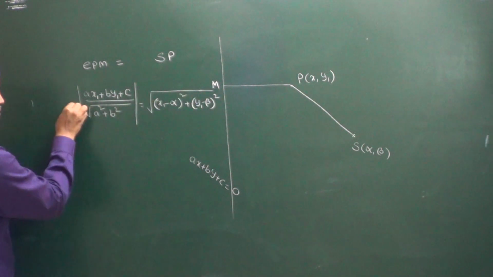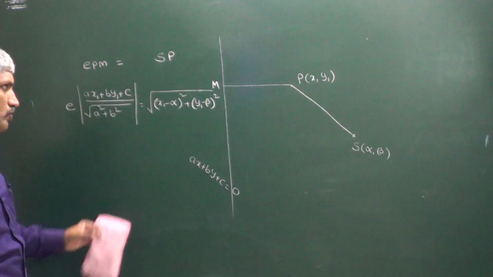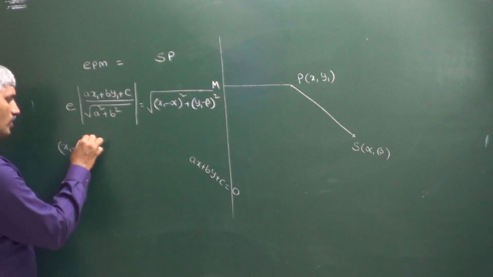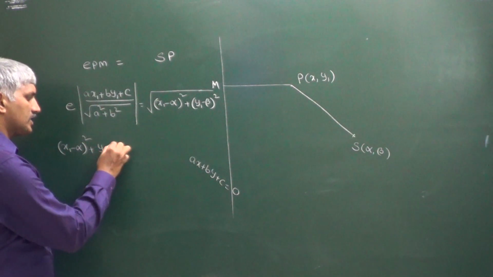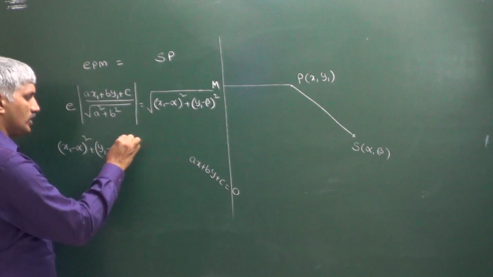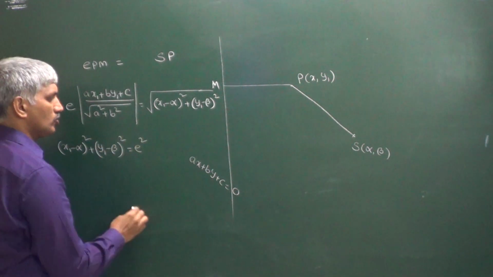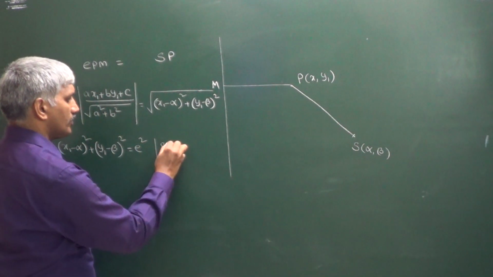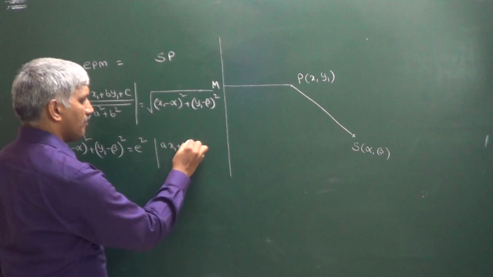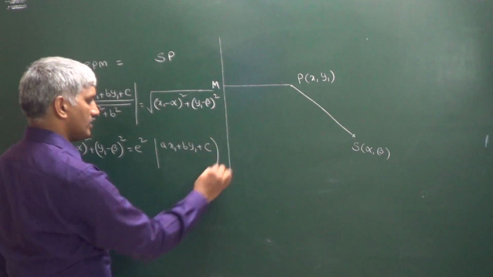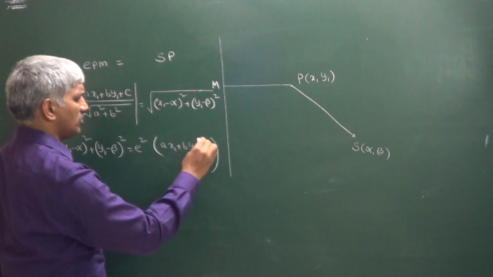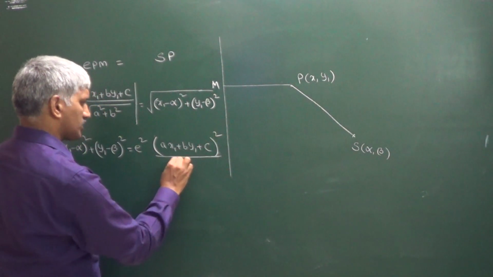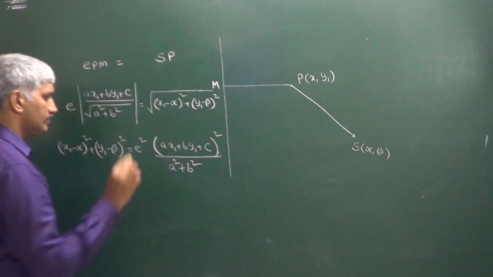Now squaring on both sides, what will we get? (x1 minus alpha) whole square plus (y1 minus beta) whole square is equal to e square into (ax1 + by1 + c) whole square, and you can remove the modulus because we are squaring, divided by a square plus b square.